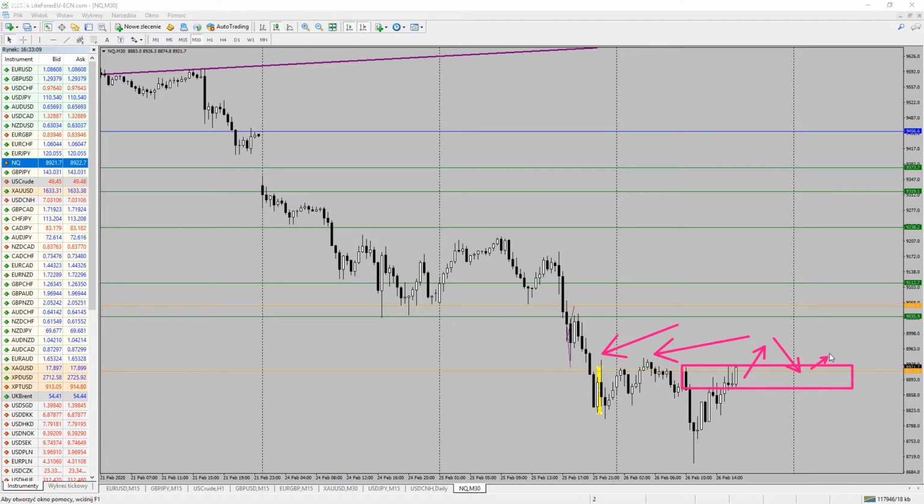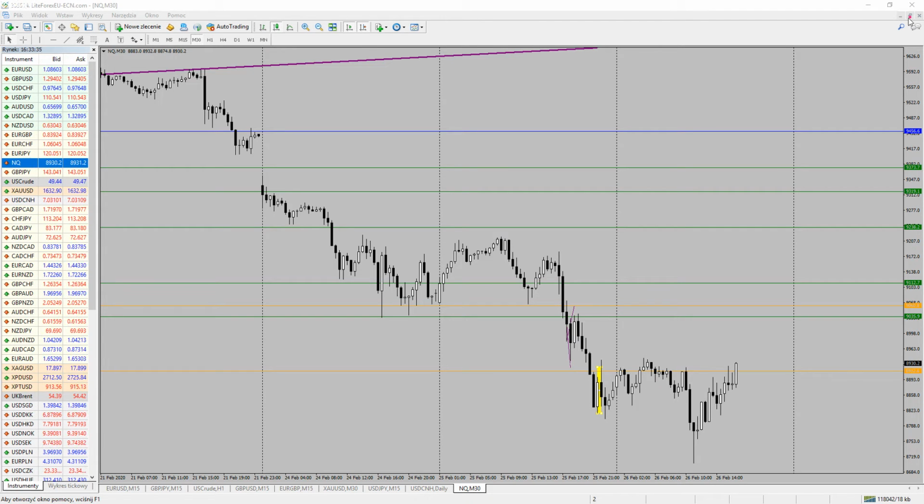Then I would like to see a pullback towards this broken supply, right? And then I'm going to make my measure, and that's what I'm going to target, one of those two green lines when it comes to the market, to the Nasdaq. All right, so that's how I see things here on the Nasdaq.